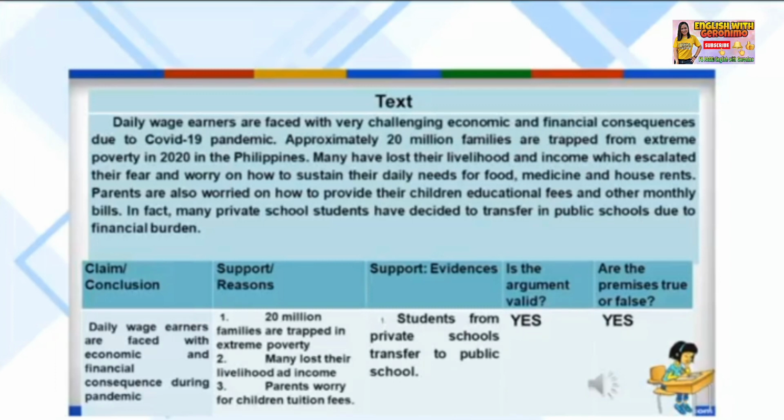Number 3, parents worry for children's tuition fees. Supporting evidence is, students from private schools transfer to public schools. Is the argument valid? Yes, since the writer's claim is supported with valid and realistic reasons and evidences. Are the premises true or false? We could say yes, for the same reason stated.